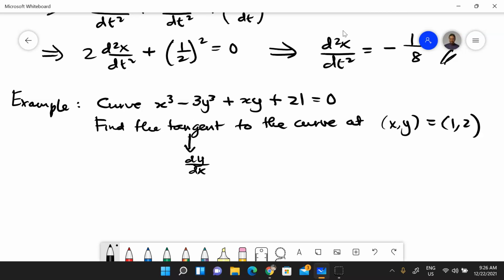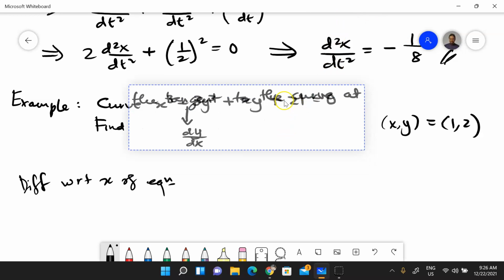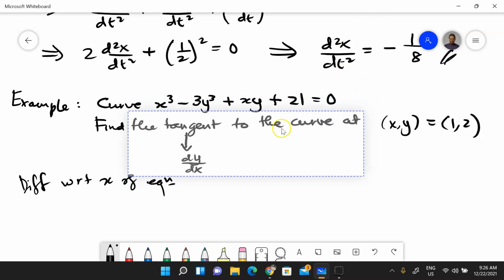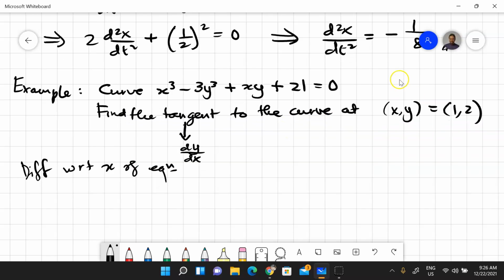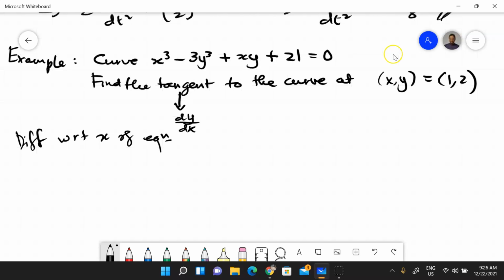So over here, then we just simply differentiate the whole equation with respect to x. So let me bring this up. Oops, no, I can't do that. Sorry, I don't want to do that. Okay, I want to bring the whole screen up.